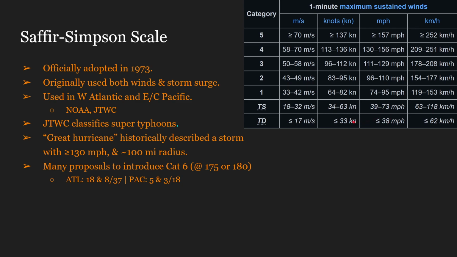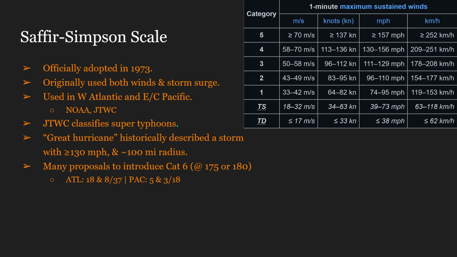So if a Category 6 were to be introduced, and if it was either 175 or 180, this is what would happen. Out of just 37 Category 5s ever recorded for the Atlantic, 18 would be Category 6 with 175, and only 8 if Cat 6 started at 180.